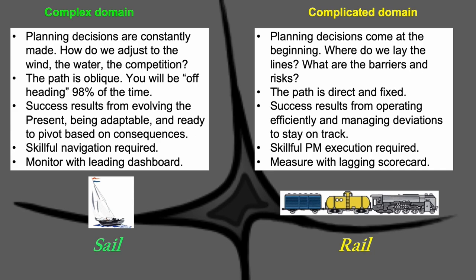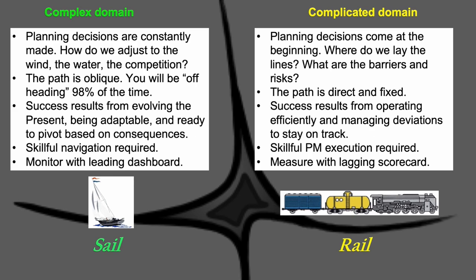The metaphor is a tiny boat sailing on a vast sea of unknown unknowns. Planning decisions are constantly made. How do we adjust to the wind, the water, the competition? The path is oblique. You will be off heading 98% of the time. Success results from evolving the present, being adaptable, and ready to pivot based on consequences.